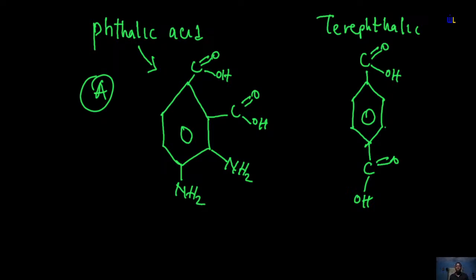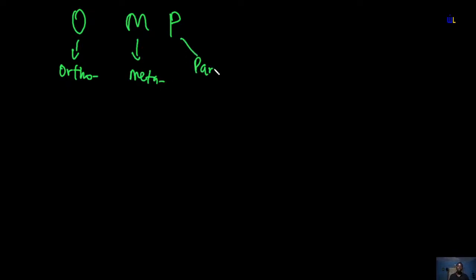Before I give you the examples to solve, I would like to quickly talk about another system of naming, an older system. That is what I refer to as the ortho, the meta, and the para.